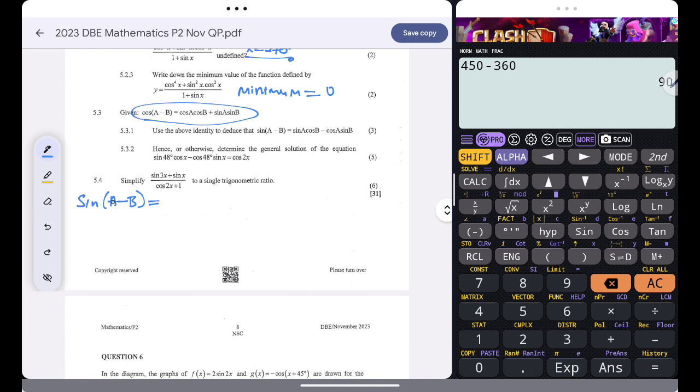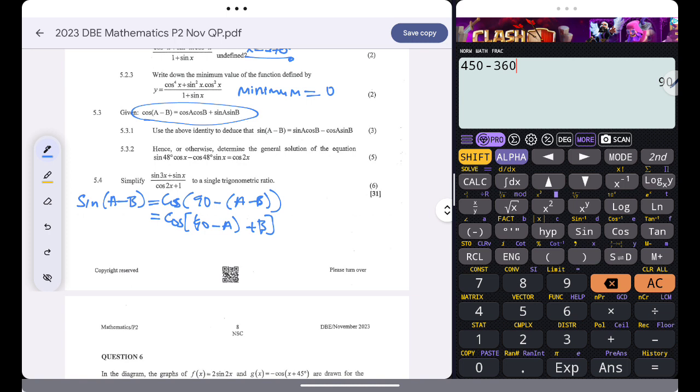So I must try to make this sine of a minus b look like this compound angle. This thing can be written as cos of 90 degrees minus a minus b altogether, and then we can have the cos of 90 minus a plus b altogether.